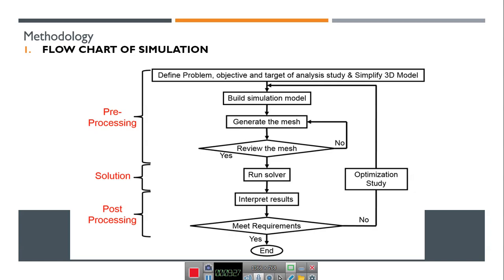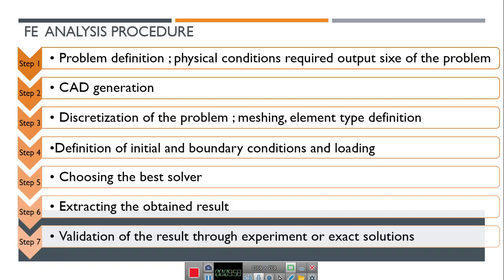First, we define a problem, objective and target, and then we create a simulation model and generate a mesh, and if the mesh has a good quality, then we can run the solver and interpret the result, and if we meet the requirement, then we can say that the simulation was successful. Otherwise, we optimize the study by changing the mesh, checking the boundary conditions again and so on.